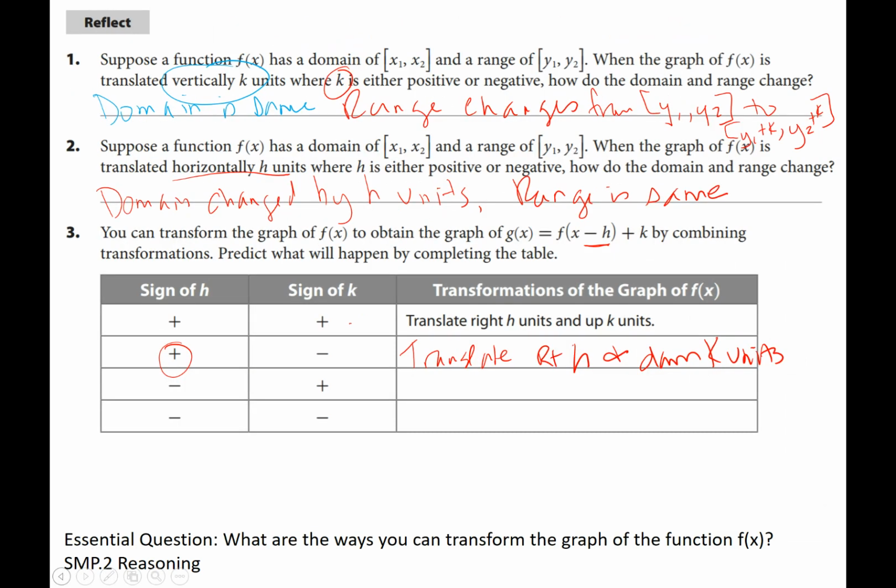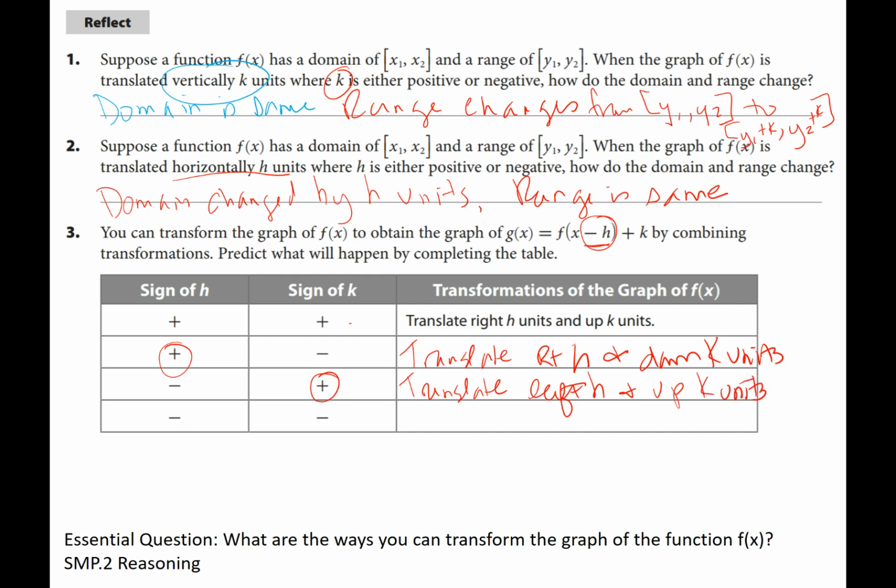Okay. All right. A negative h, which means that sign is going to actually change to a plus sign when we would see that in there. So if a positive sign makes it go right, a negative sign must make it go left. So we're going to use the fancy word translate again. Translate left h, and when it's positive here, we know that that's affecting the y value, so it goes up k units.